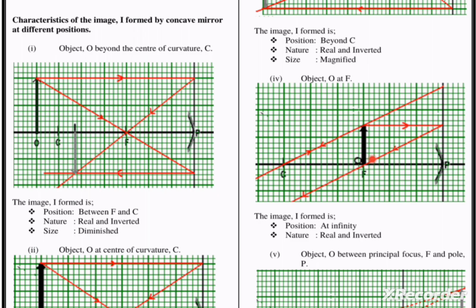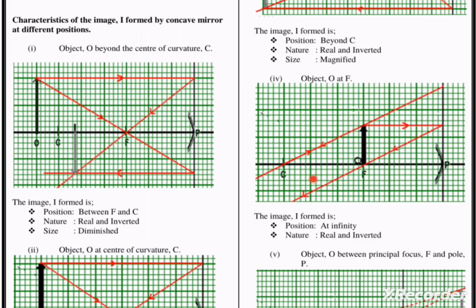Now, we always have an image formed when two rays meet, but in this particular case we see that the reflected ray is coming back, and this ray that is passing through the focal point is also going like that.